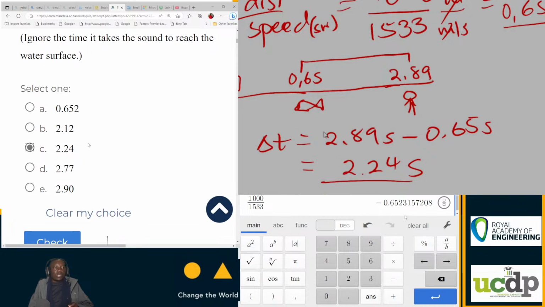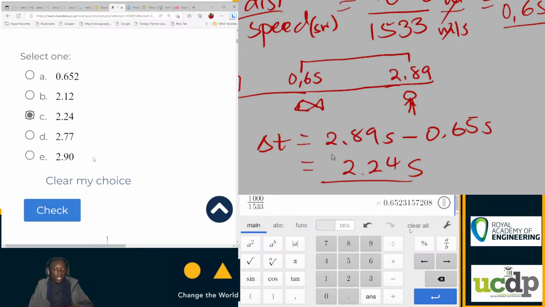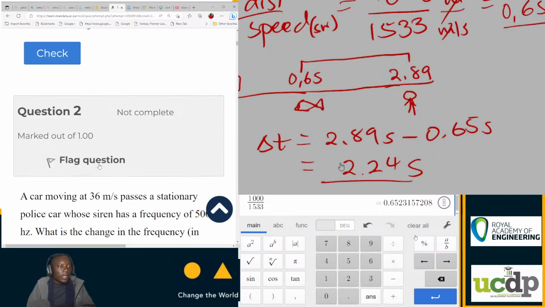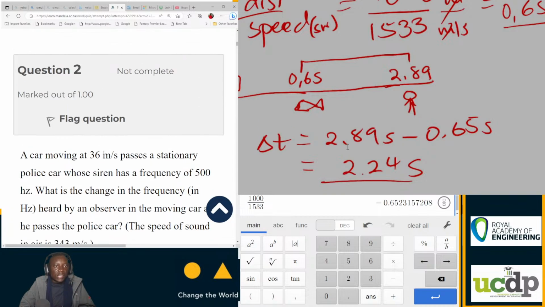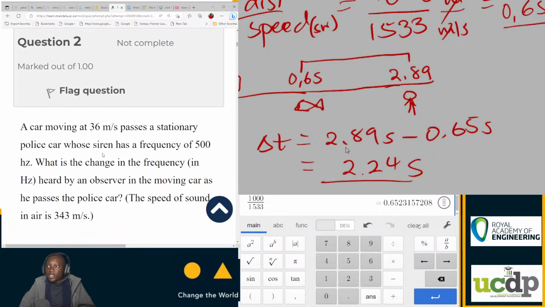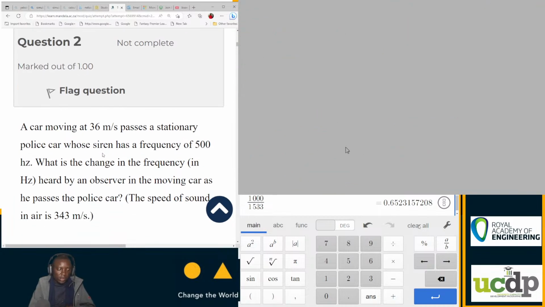So this is one way you need to accurately find the speed of sound in air at 25 degrees Celsius. Okay, then question number 2 is about the Doppler effect. So it's a question on the Doppler effect.